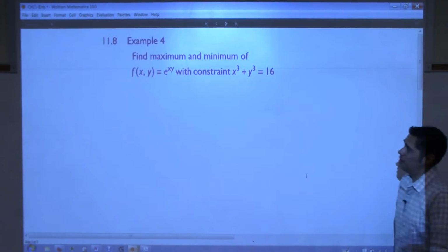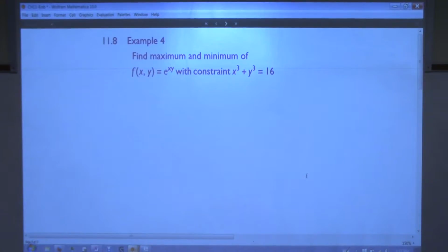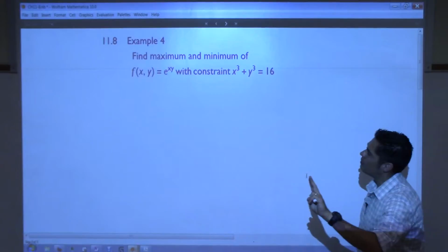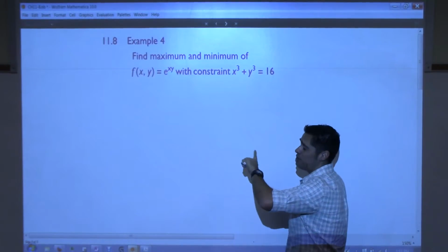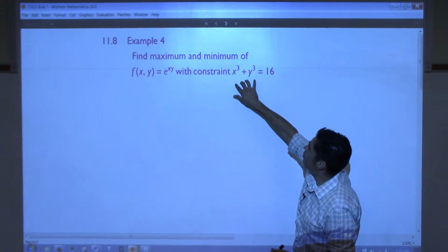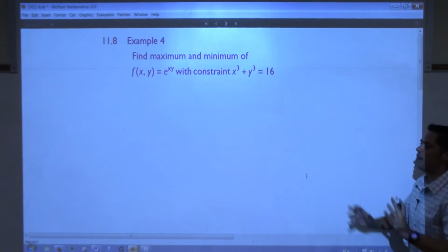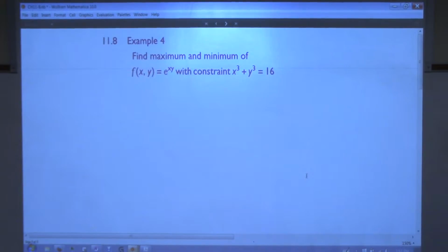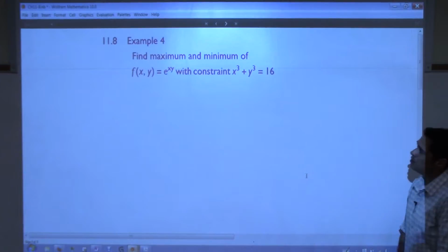Here's our constraint: x cubed plus y cubed equals 16. We should use Lagrange multipliers for sure, because this is a constraint equation, right? We're not given an unrestricted domain. We're not given a closed bounded set. This is just a curve, really, on the ground.